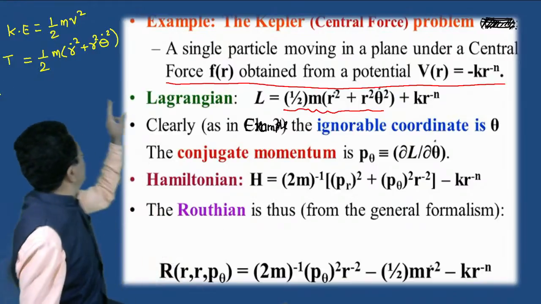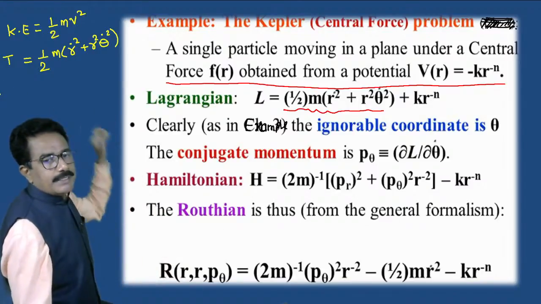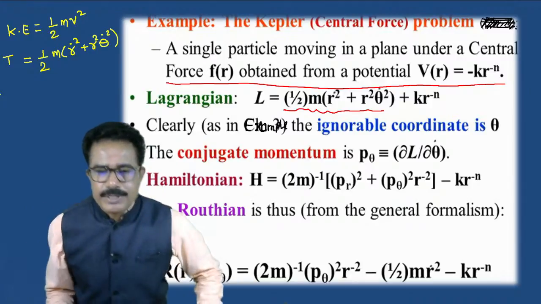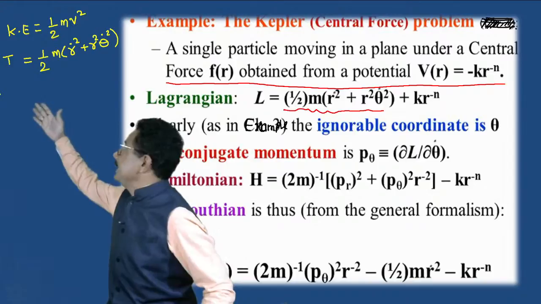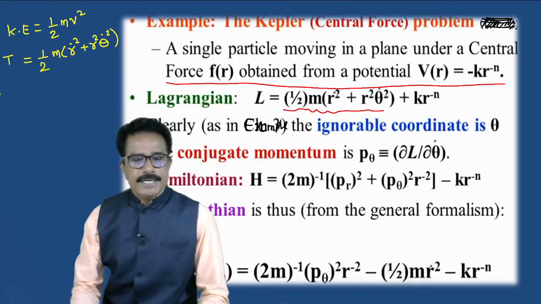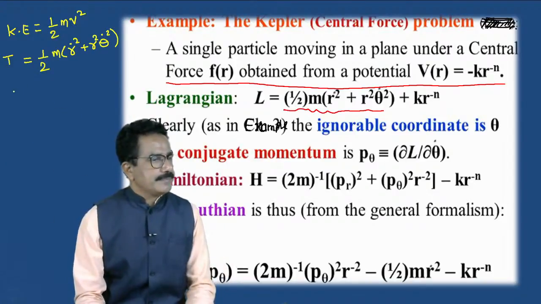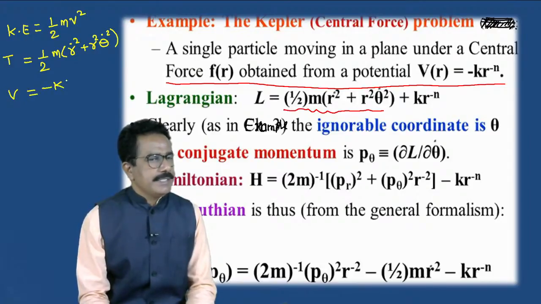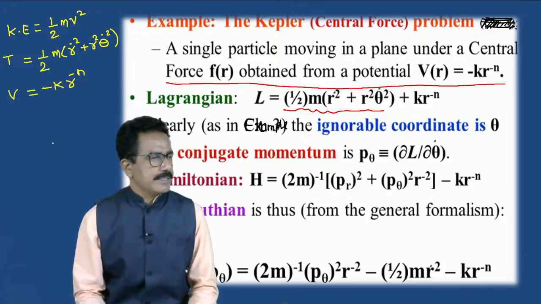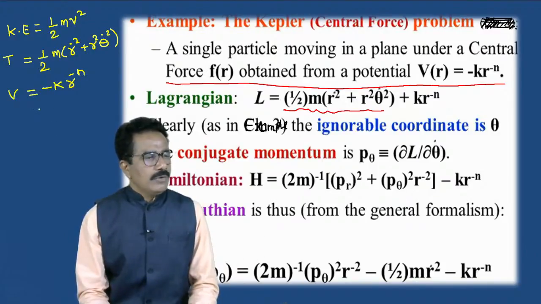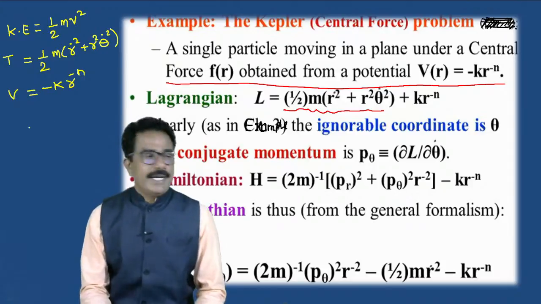We know the potential energy, now see how the potential energy comes. We can write the potential energy V as minus k into r raised to minus n. So it will be an n dimensional system. Now we can write the Lagrangian. How to write the Lagrangian?